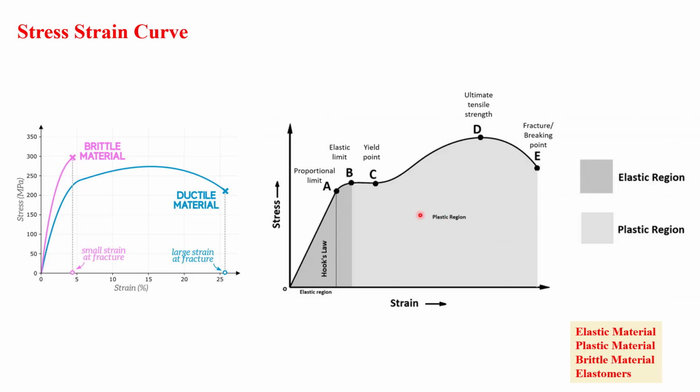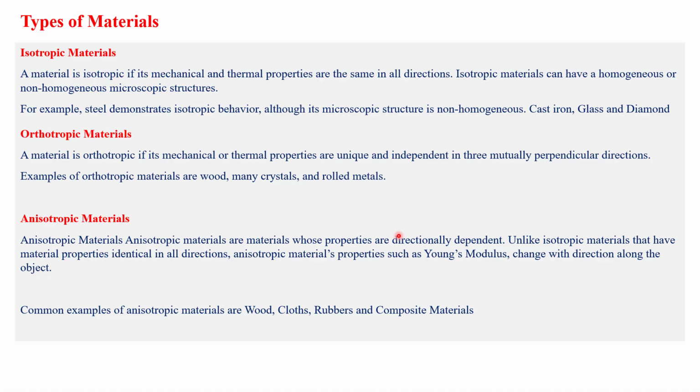Depending upon this classification, we have different materials: elastic material, plastic material, brittle materials, and elastomers. From the picture you could see if the component is lying under this, we call it elastic. If it is crossing this, we call it the plastic region in plastic materials. Brittle materials come up to here only and then fail. Elastomers are like rubbers.